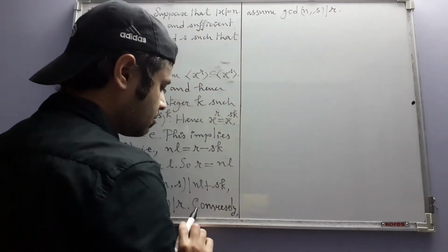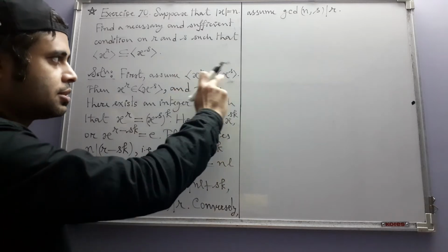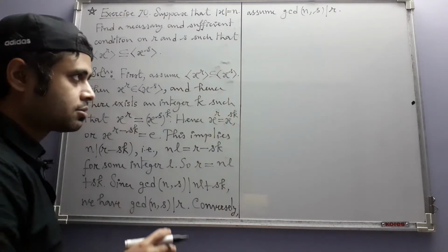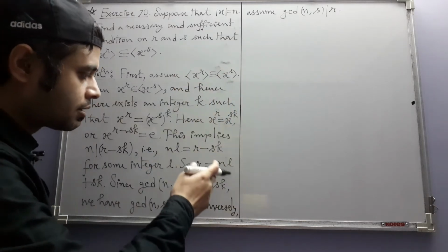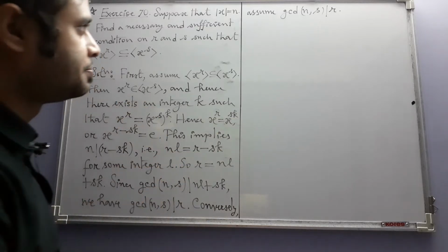Now we are conversely assuming this condition. We will prove that this is contained in this. So essentially the argument is just like this one in the reverse order.